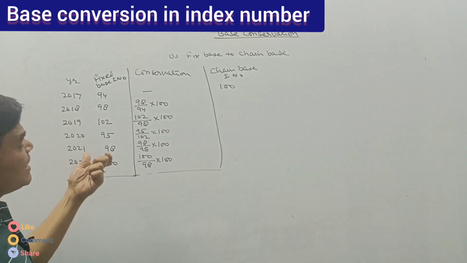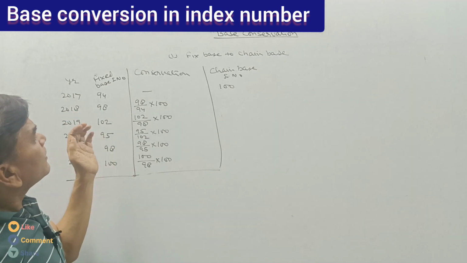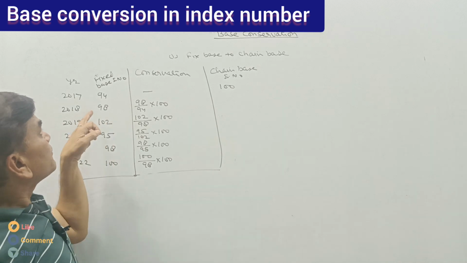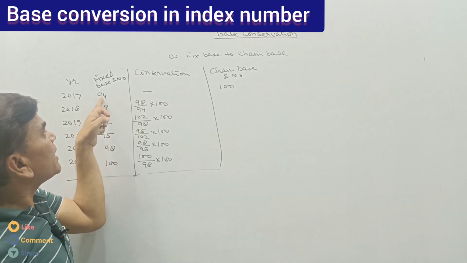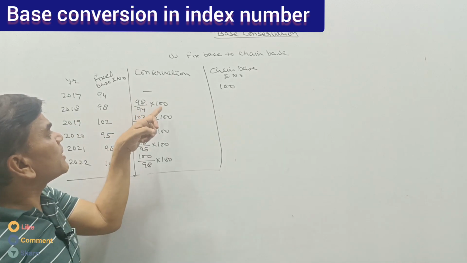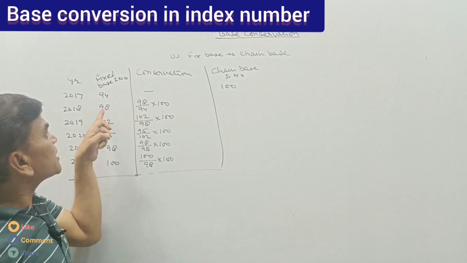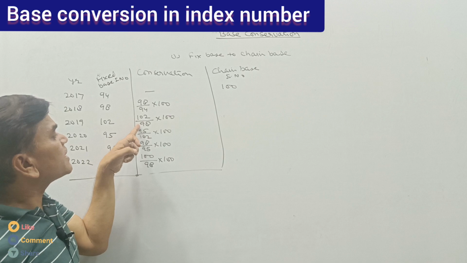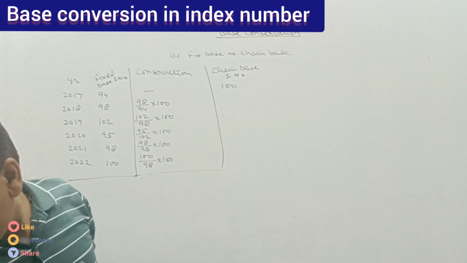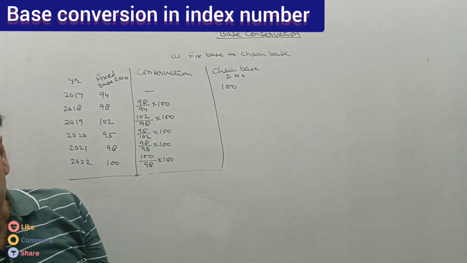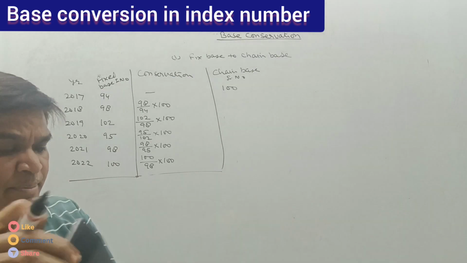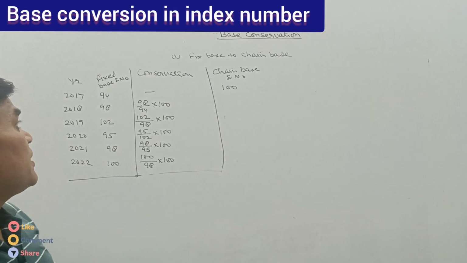For each calculation, what have we done? Fixed base index number of the current year, 102, divided by the fixed base index number of the previous year, 98, multiplied by 100. With the help of this, we can easily calculate the chain base index number.